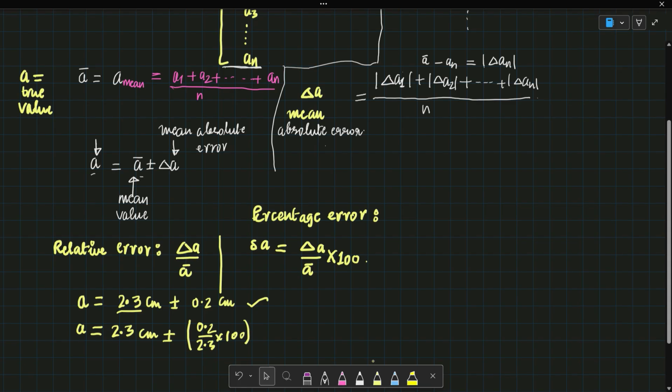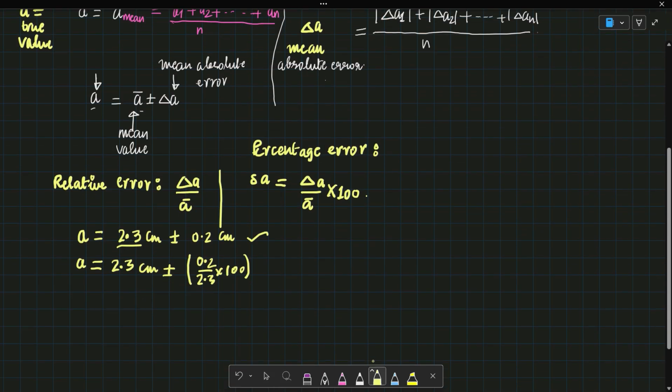I don't know what this value is, I am not doing the calculation, but let's say this comes out to be 5%.